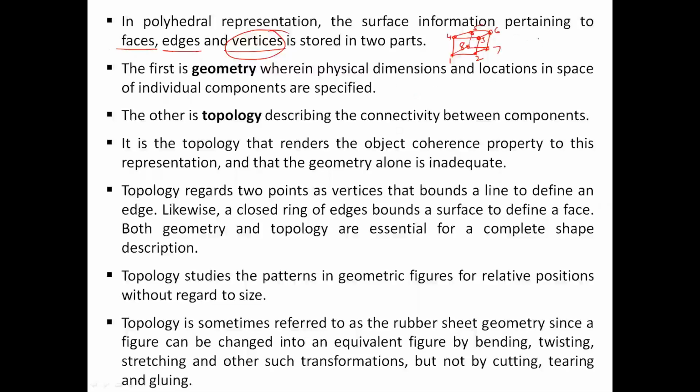The first thing I am defining is a face, which is connected by edges 1-2, 2-3, 3-4, and 4-1. Am I right? Yes, sir. And what are these edges consisting of? These are consisting of vertices.